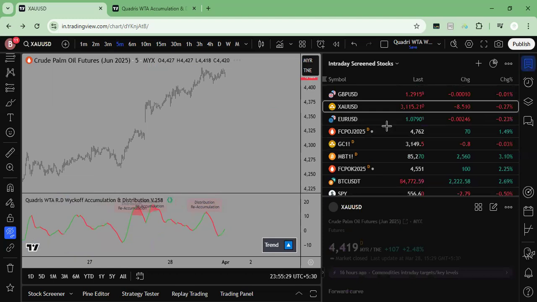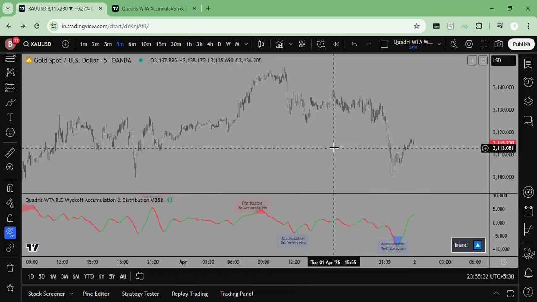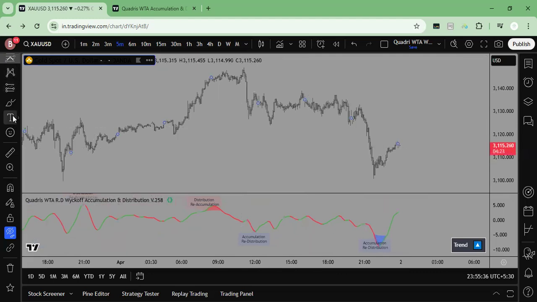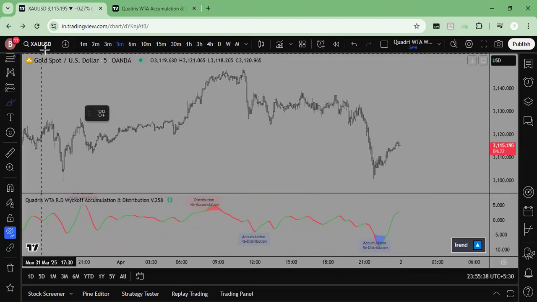Let us see what has happened on XAUUSD today. Now I marked this chart somewhere here based on accumulation. This accumulation resulted in this price.